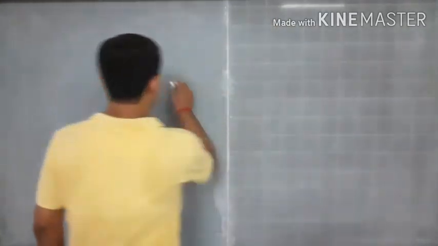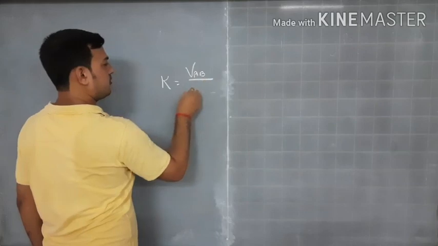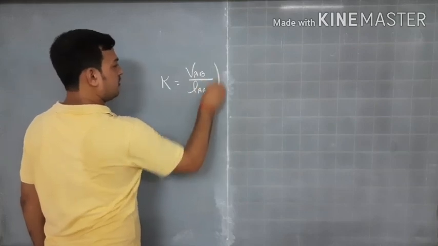The sensitivity of the potentiometer depends on the potential gradient, that is K. The smaller the potential gradient, the greater the sensitivity of the potentiometer, and as we know, the potential gradient is given by the voltage drop across the wire divided by the length of the wire.